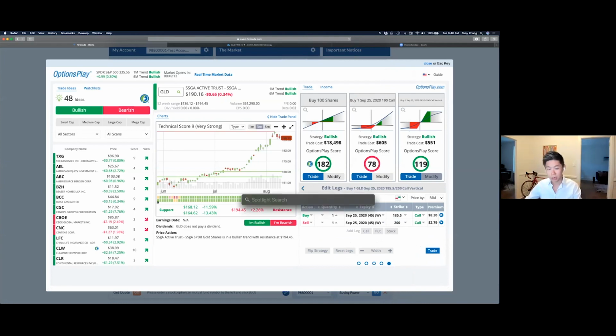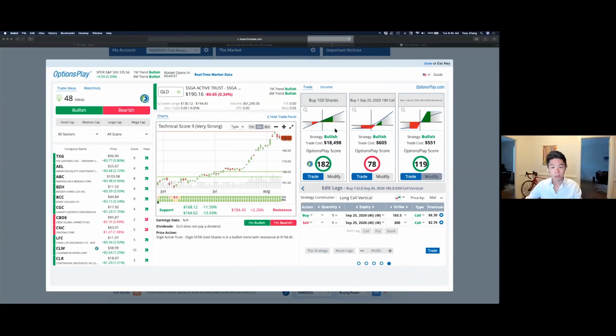And just to put that into context, $5.50 on a $190 stock is only roughly 2%, slightly under 3% of gold's value that you're putting at risk. GLD is down almost 3% itself today. Here, you're only risking roughly 3% until September 25th.